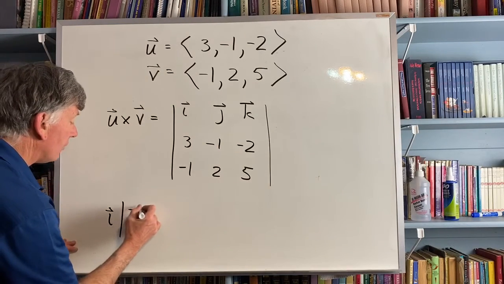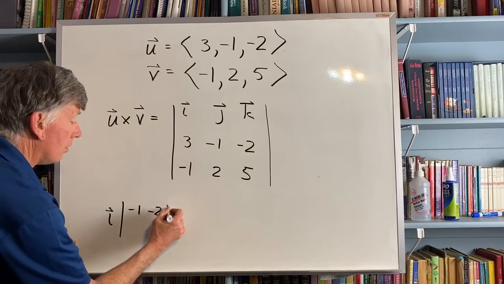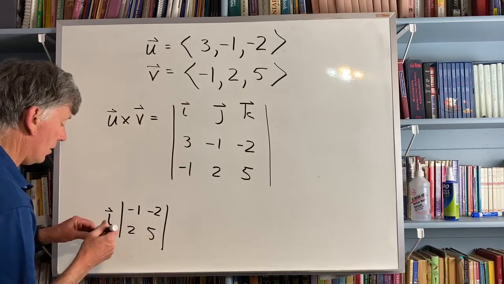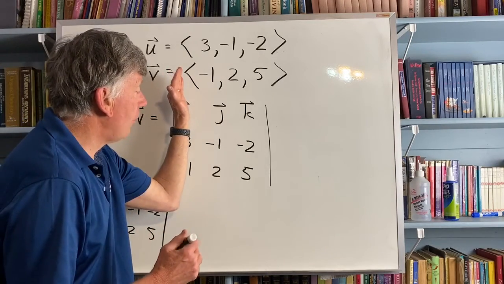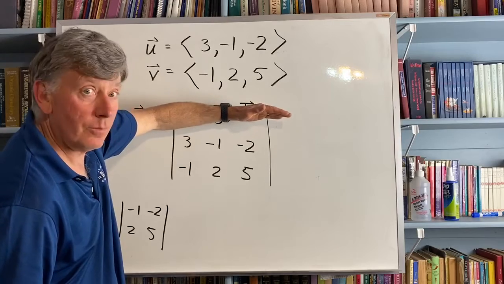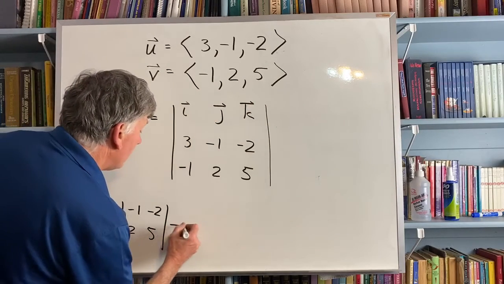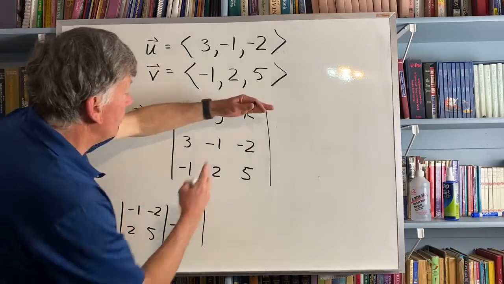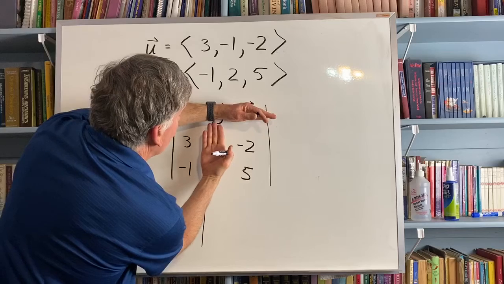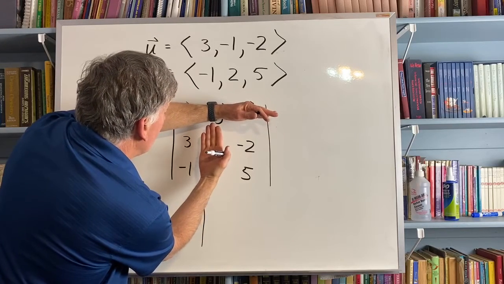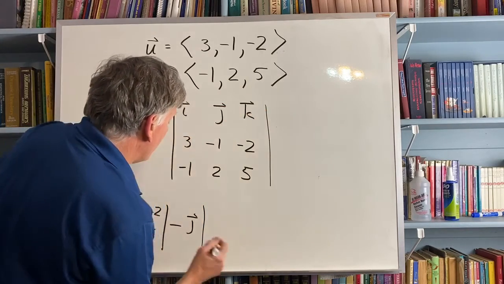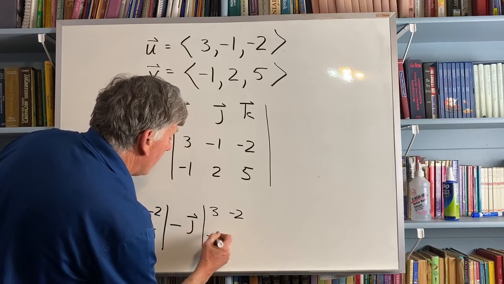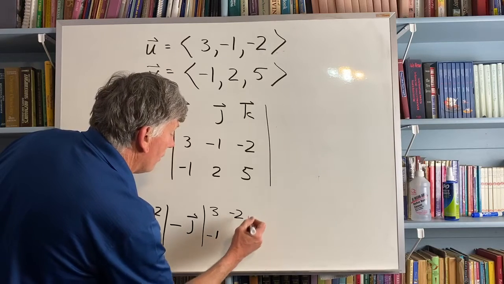the determinant of minus 1, minus 2, 2, 5. I'm blocking out that column and that row, minus the j vector times the determinant that's formed by blocking those out, 3, minus 2, minus 1, 5.